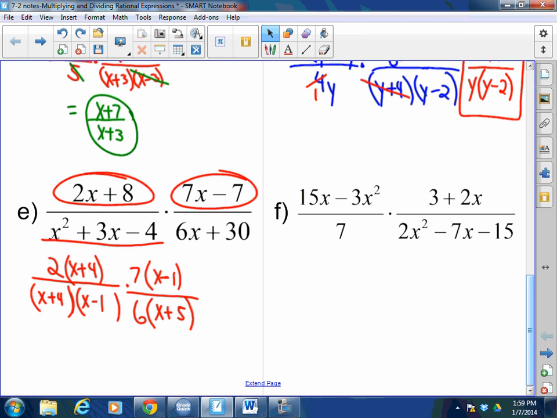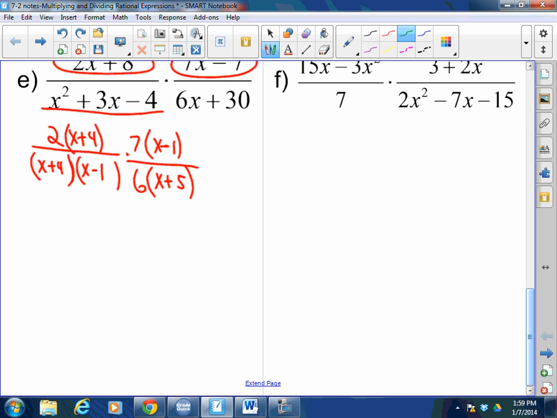Excellent. Now the fun part. X minus 1, goodbye. X plus 4, goodbye. 2 goes into 2 one time. 2 goes into 6 three times. So my answer is 7 over 3 times x plus 5.